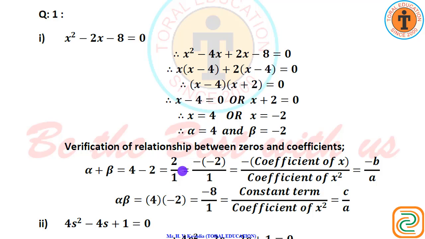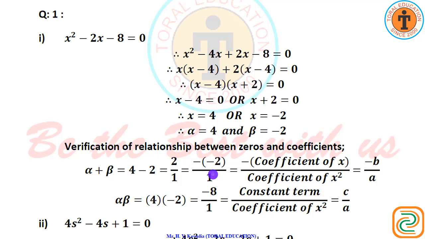Now we can say minus 2. Why minus? Because we need here minus into the coefficient of x. The coefficient of x is minus 2, so we have taken here minus 2. Here it is plus 2, but here it is minus 2, so we should add one extra minus outside the bracket.